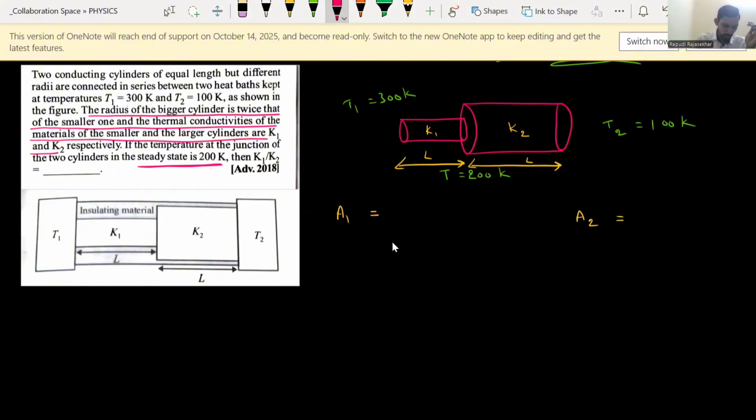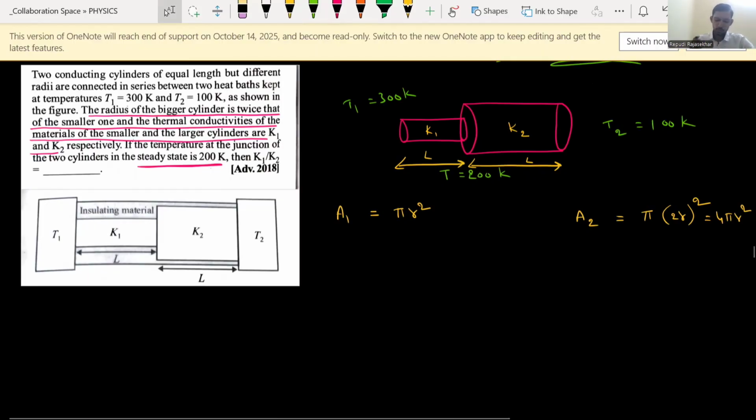Here they mentioned that the radius of the bigger cylinder is twice that of the smaller one. Means if I take area is pi r square for the first, then this becomes pi into double, because the radius of the bigger cylinder is twice that of the smaller one. So this is 4 pi r square. Here A1 value, A2 value.